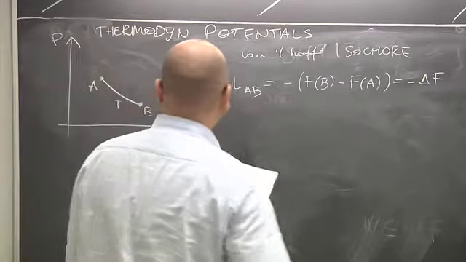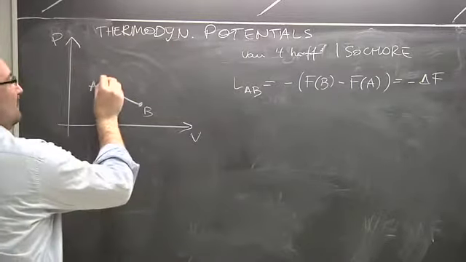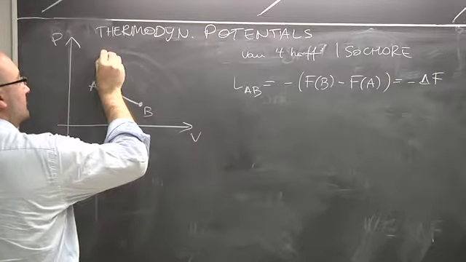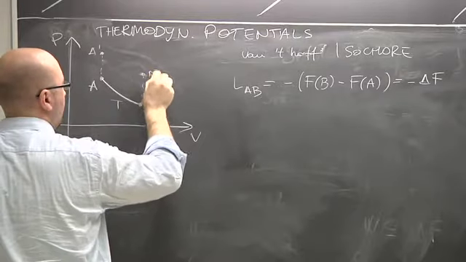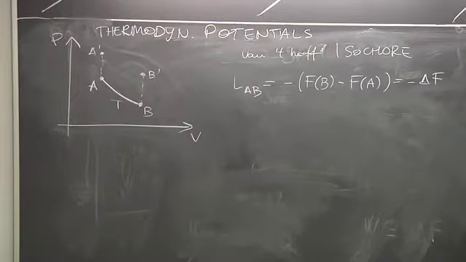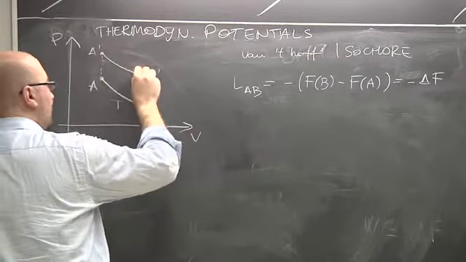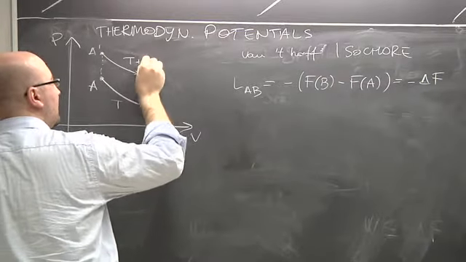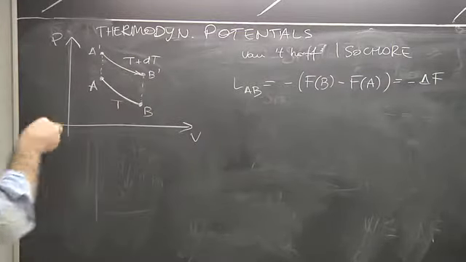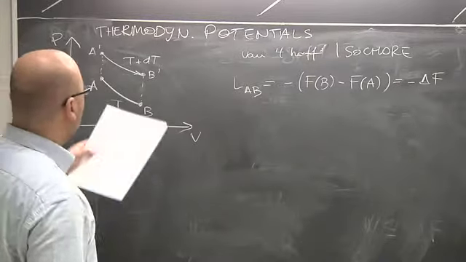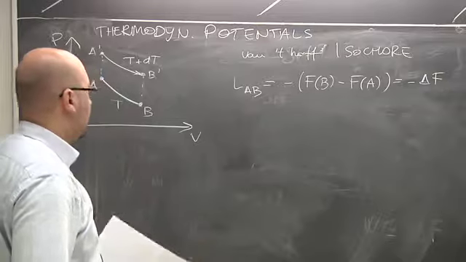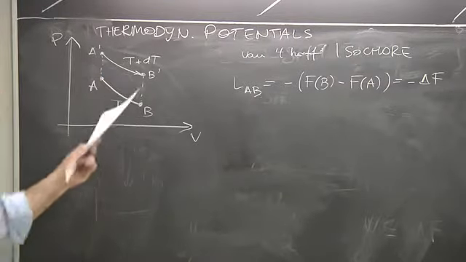Yeah. So let's consider now two other points, A prime and B prime, which are at a temperature T infinitesimally larger or smaller, depending on whatever you want delta T to be, than A and B, but at the same volume.